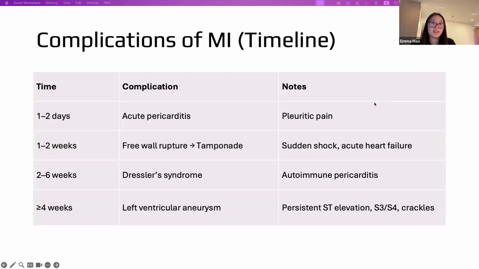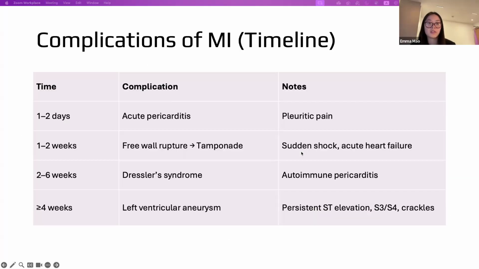Okay. And then complications of an MI afterwards. So this can come up in questions. So 1 to 2 days afterwards, there can be an acute pericarditis, and the key thing to note with that is that they might have symptoms of pleuritic pain, so pain on inhalation. And then from 1 to 2 weeks, there's free wall rupture, leading to tamponade as well. So symptoms of that are sudden shock and acute heart failure.